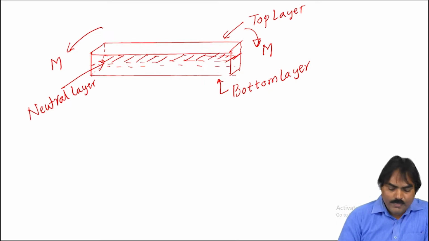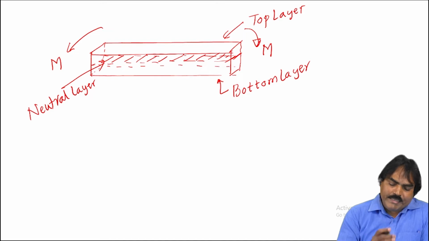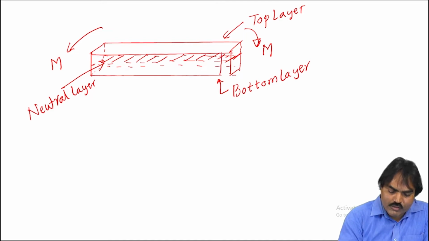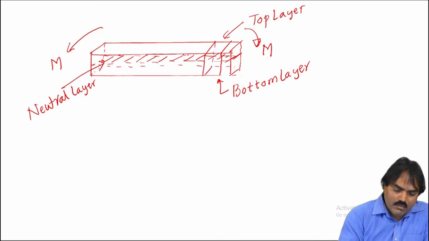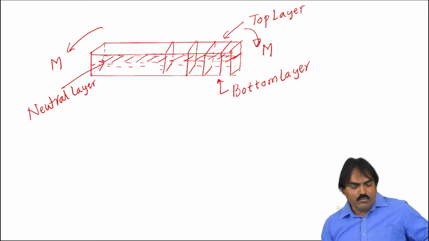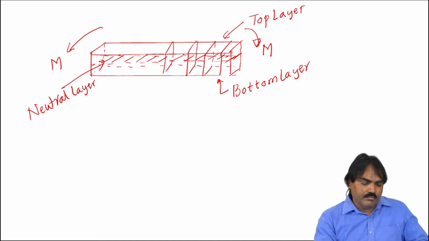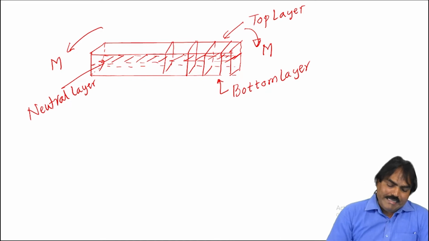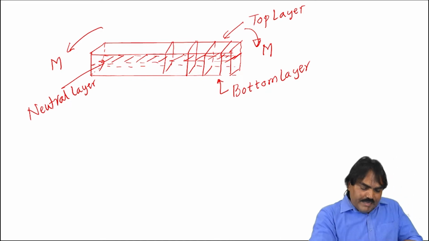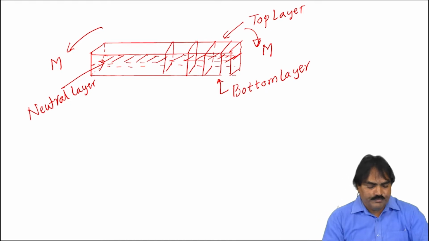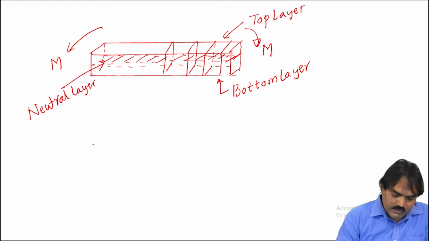Then, the beam also contains an infinite number of vertical cross sections. Say like this is one cross section. Like this, the beam contains an infinite number of vertical sections. So, when the beam is subjected to moment, as shown in the figure, he said the beam undergoes perfect bending in the form of a circular arc. So, this will bend like this.